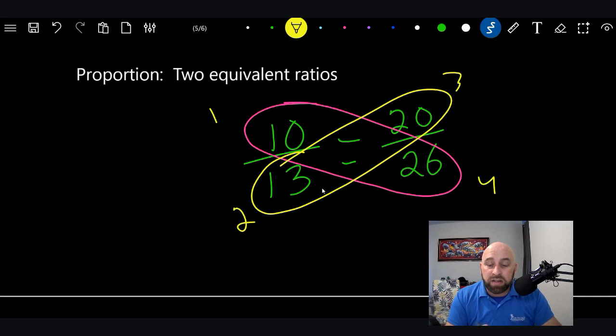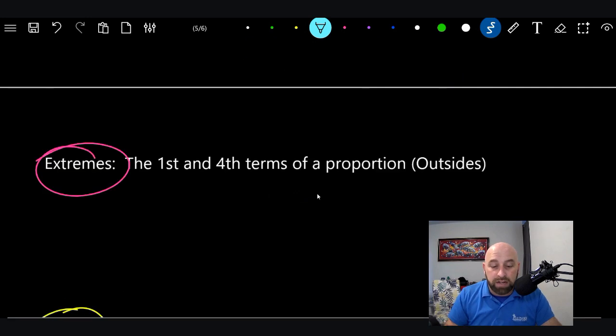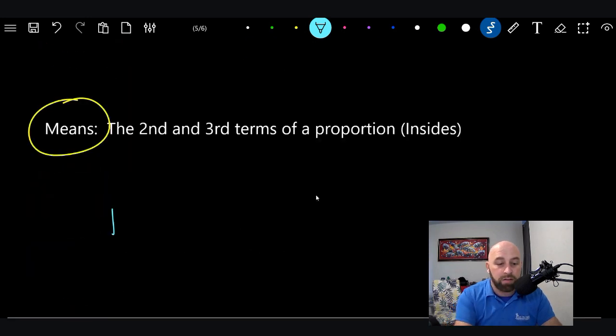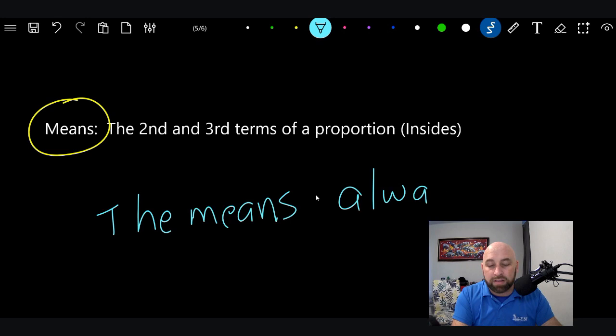Now there's something very interesting about the means and the extremes, because of this equal sign right here in the middle. Because of that, the means always equal the extremes. I didn't write that down, but I'm going to write it here. The means always, and that's an important word right there.